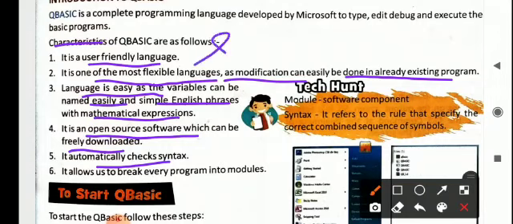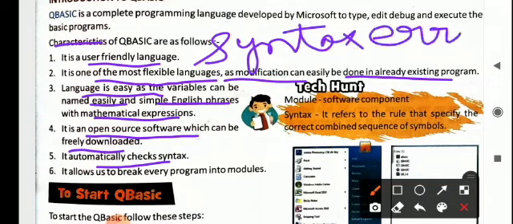That error is known as syntax error. Error means mistake. Okay. That is why the syntax of each and every command and statement should be thoroughly practiced, so that you at least do not make the mistake of syntax error.